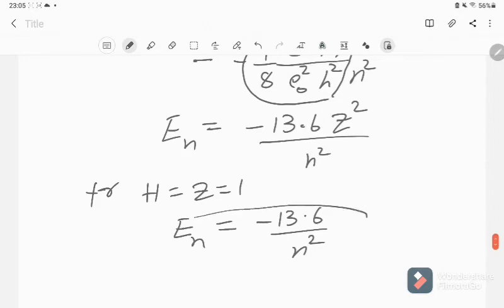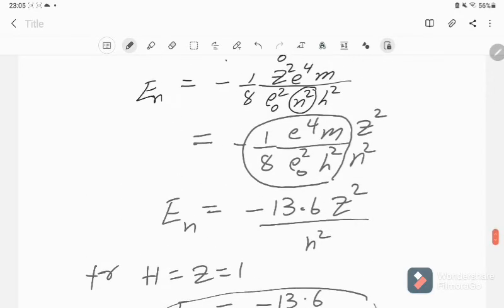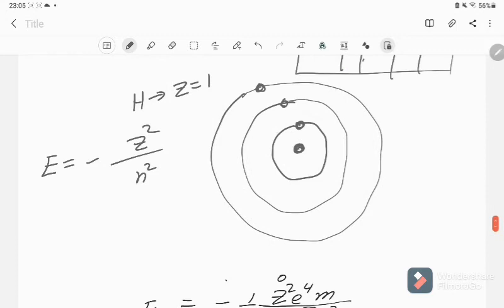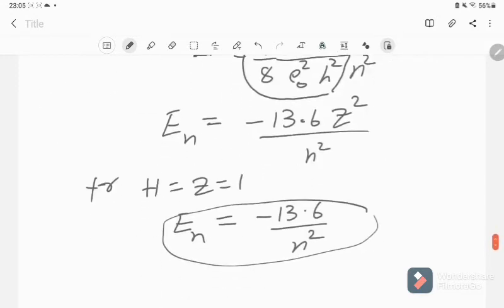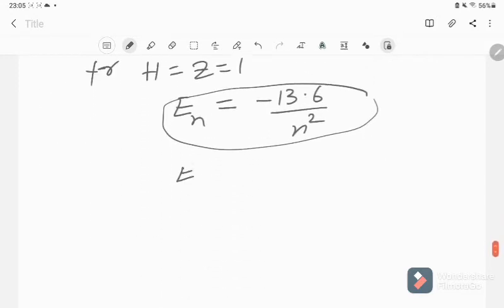This is the energy formula for the hydrogen atom. For the first orbit n equals 1, second orbit n equals 2, third n equals 3. So we can find E1, E2, E3.